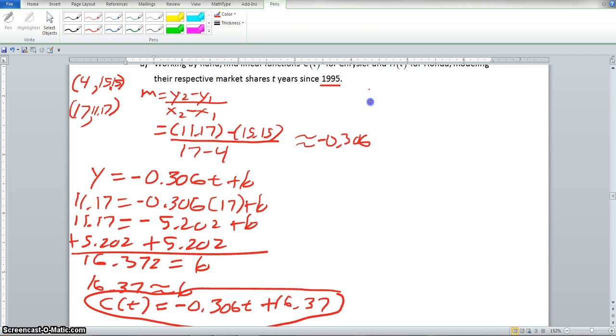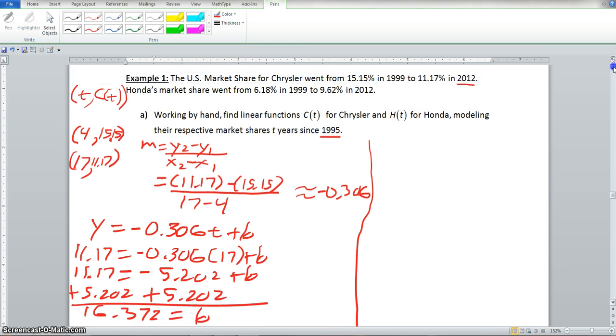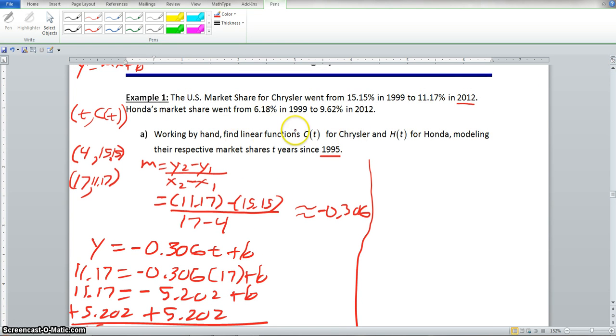Now, we need to do an equation for Honda. So we know we would use H of t for Honda. Again, we'll be starting back in 1999, and we would end up in 2012. So our ordered pairs would be 4, 6.18, and then our next ordered pair will be 17, 9.62.